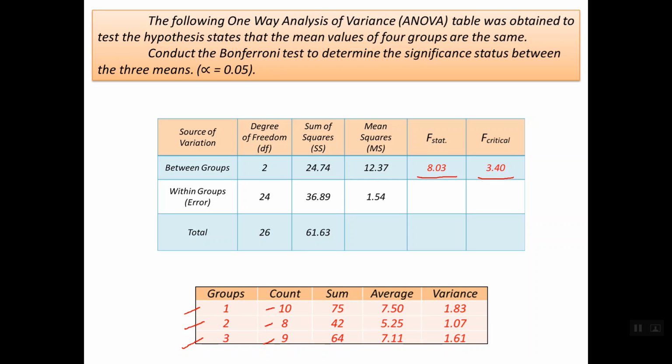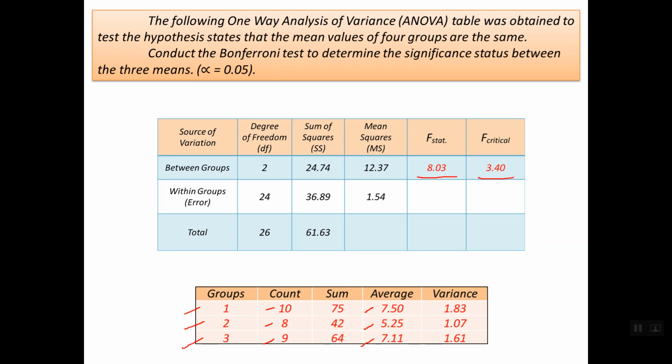The sum of the observations for all three groups is already recorded here, and the average has been calculated. For group 1 it is 7.50, for group 2 it's 5.25, while for group 3 the average is 7.11. And the variance is already recorded in this table.